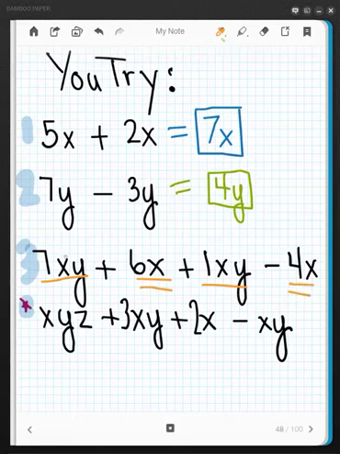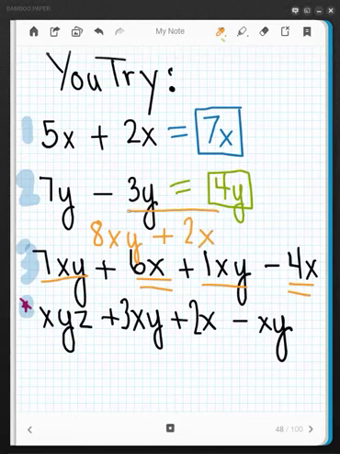So this says I have 7 xy's, and I have 1 more xy. 7 plus 1 is 8, and those are xy's. And then I also have, and so I'm going to say also have as a plus here, I also have 6 x's, and I want to take away 4 x's. So 6 minus 4 is 2 x's.